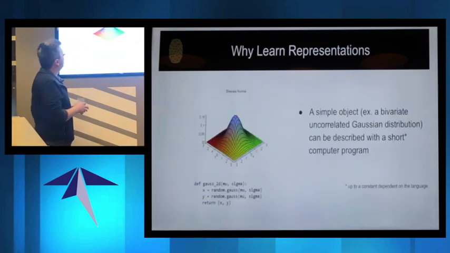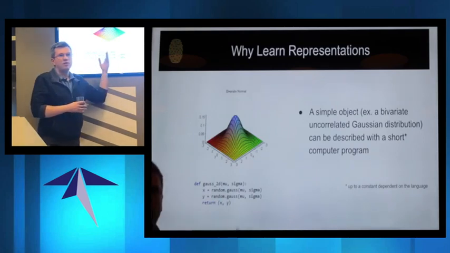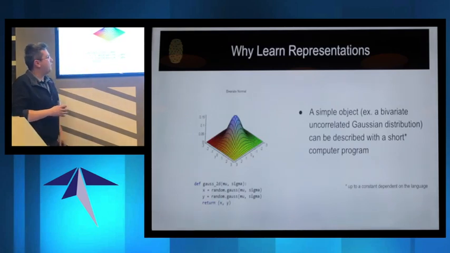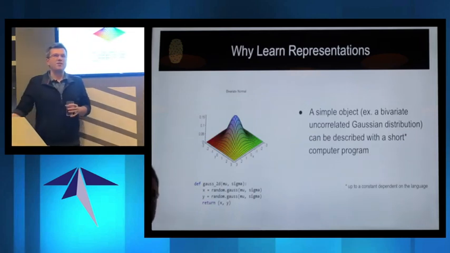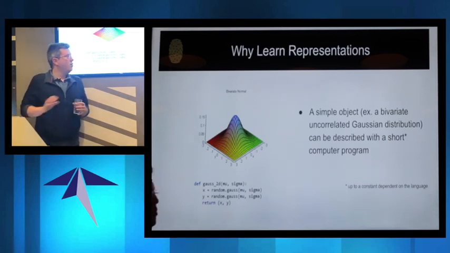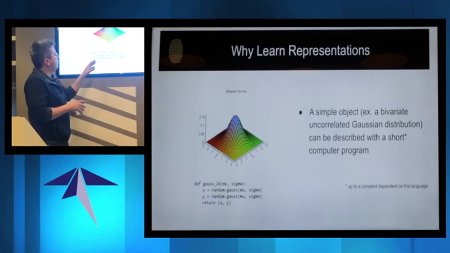So a few examples. This is essentially a simple object. It's a distribution, it's a normal distribution. You can write it in a few lines of code. Now, complexity is not something that you can really measure, because you can only measure it up to a constant. It's not measurable by definition, and there's been a lot of work on this. But you can sort of size it up depending on the machine you're looking at.